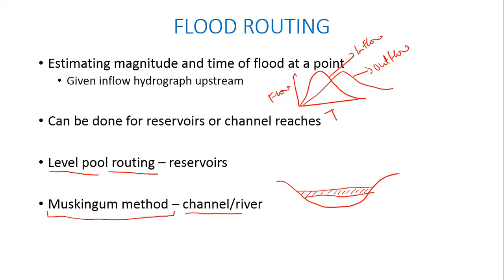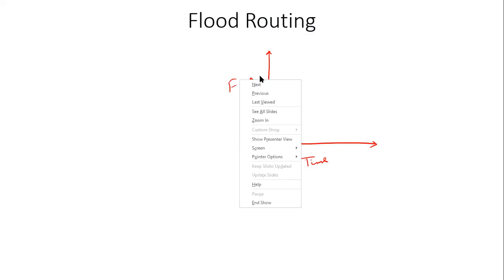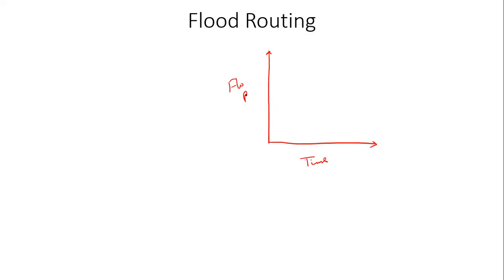So now let's get into level pool routing. Okay. So I'll try to mostly just draw on this. So now let's imagine I have, on this side, I'm going to draw a flow rate.